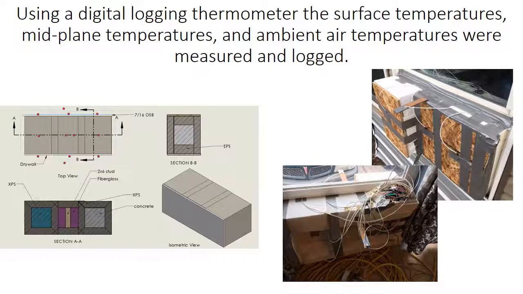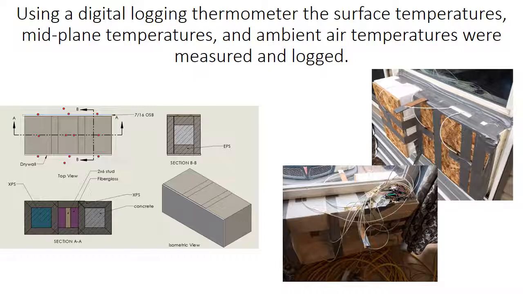And as you can see on the graphic on the left, each of those red dots represents a temperature sensor. We placed temperature sensors in the external ambient air, 1 on each surface of each type of wall, and 1 in the midplane of each type of material. In the middle, you'll notice we have 2 temperature sensors. We had 1 in the stud itself and 1 in the fiberglass.